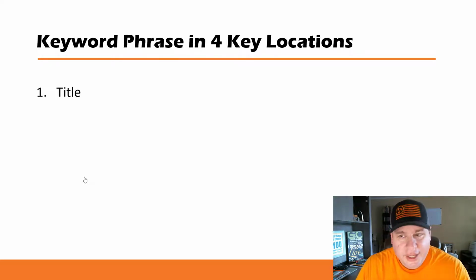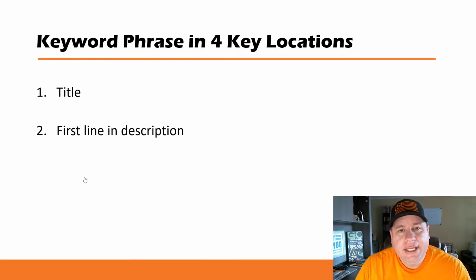The first is the title, right? In the title of your YouTube video, you need to have your focus keyword phrase, okay? You also need to have it in the first line of the description, where you're giving more detailed information about the video.